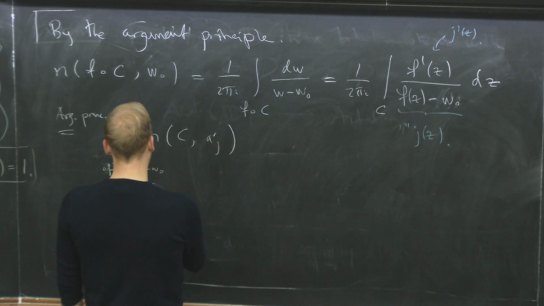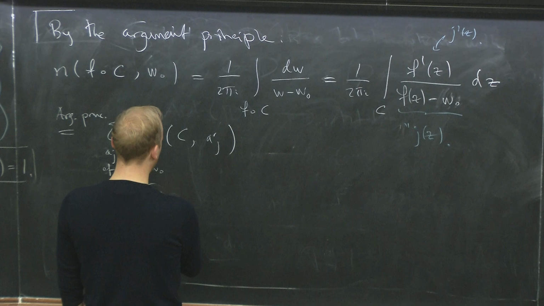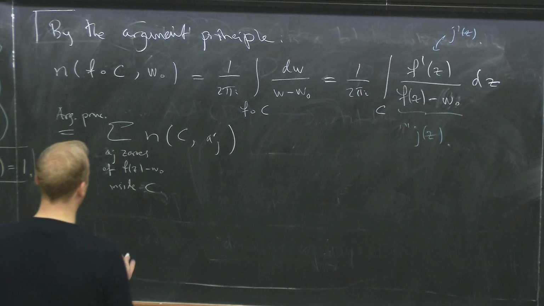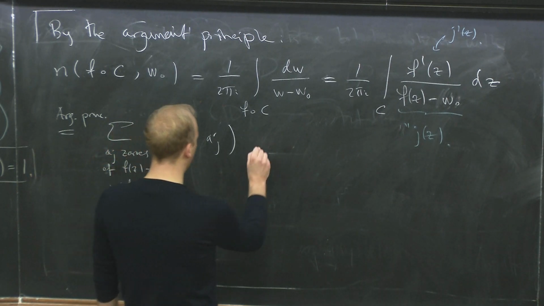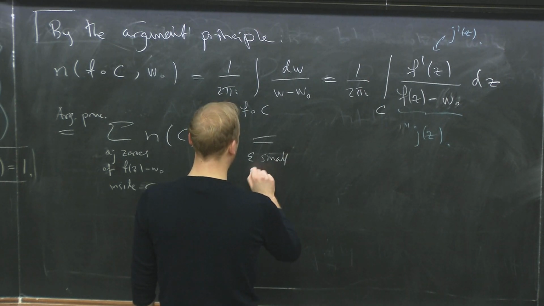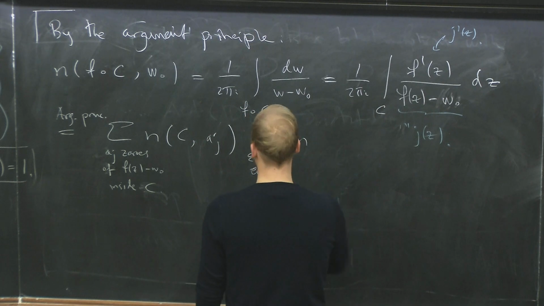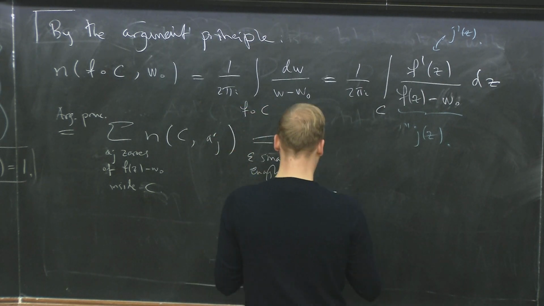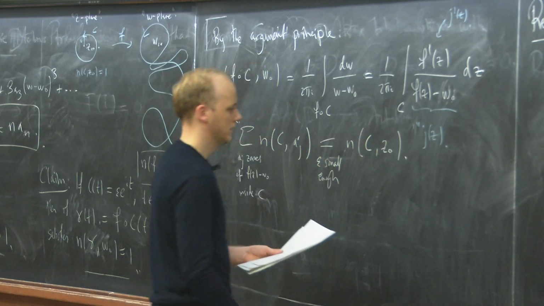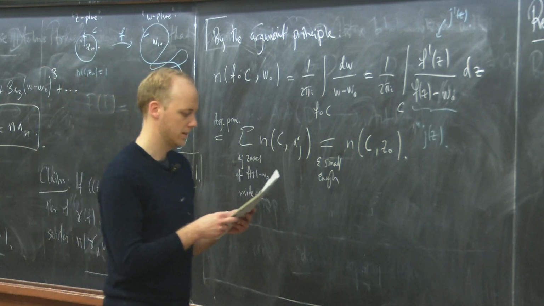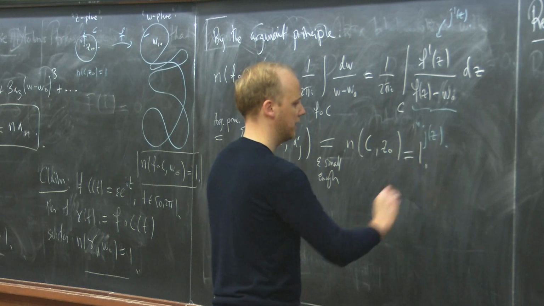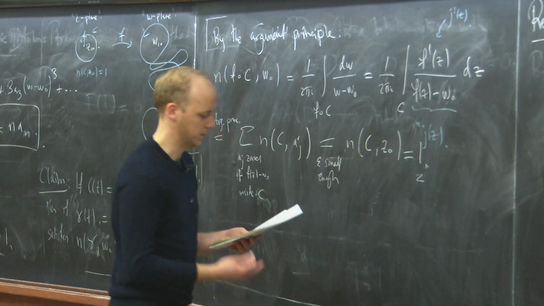But this c had radius epsilon. So taking epsilon small enough, using the fact that zeros of holomorphic functions are always isolated, we can assume that there is only one term in this sum, and z0 is then the only zero. So this is the winding number of the disk around z0, and this is then equal to 1, as we have seen.